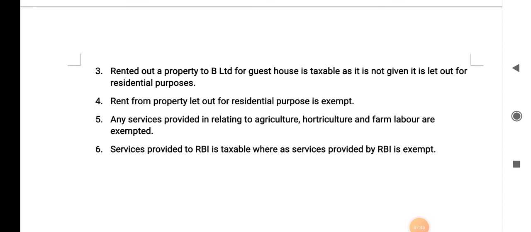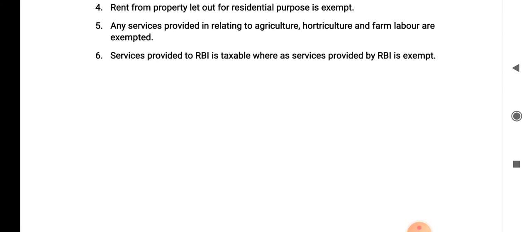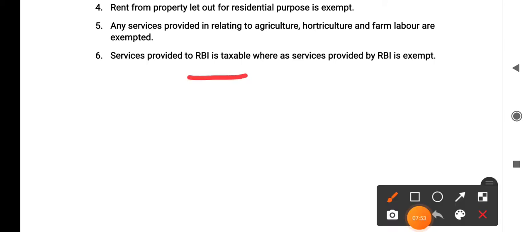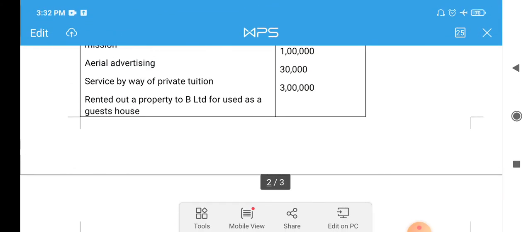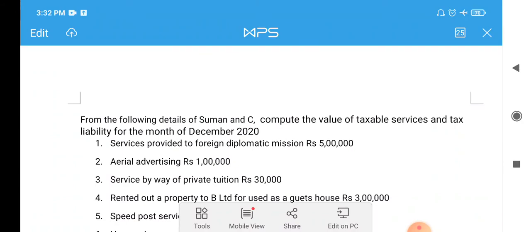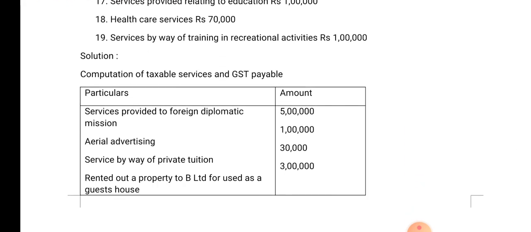Residential purpose is exempt, agriculture, horticulture, farm labor are exempt from tax, right? And services provided to RBI is taxable, whereas services provided by RBI is exempt from tax. So, this is the problem we worked out today, and we have taken the important supply of services, taxable services as well as the exempted services.